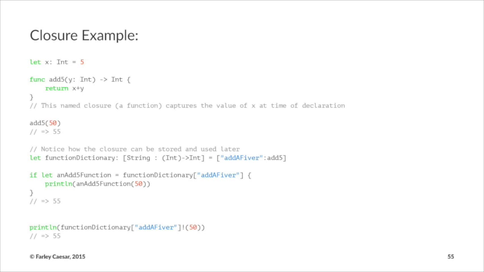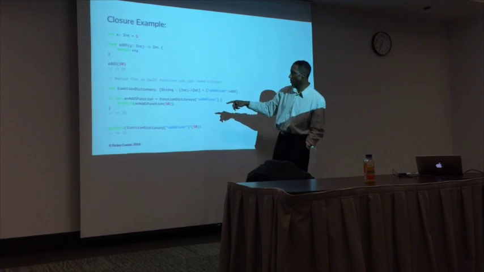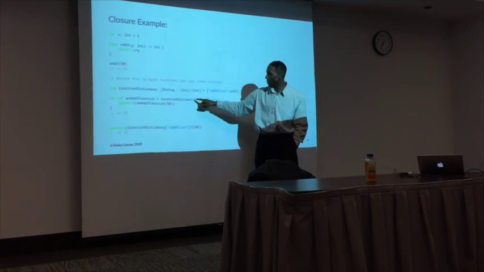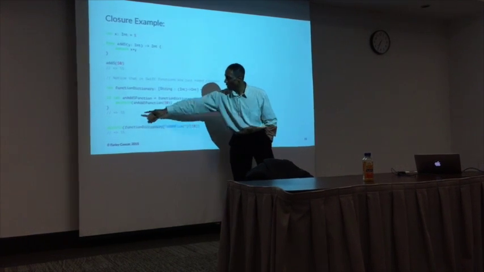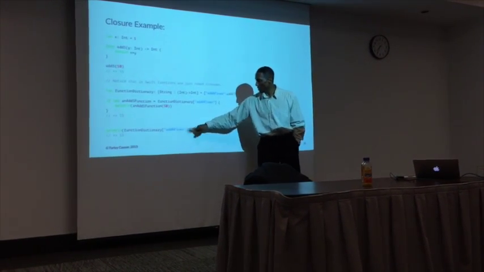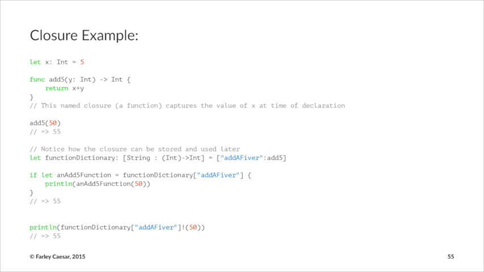If I use it later on, what did I do here? I retrieved it out of the dictionary, and then I just called it on 50, and I get 55. I can even use the dictionary syntax to call it. The interesting thing to know is that this is very impure, but it's quite powerful. You can use it in interesting ways, but you have to know what you're doing.